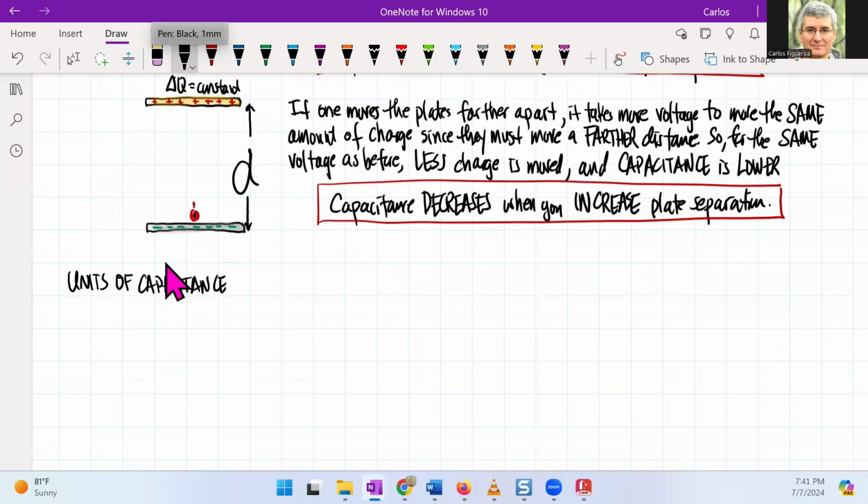A unit of capacitance is a unit of charge over a unit of voltage, which is a coulomb per volt. And this, by definition, is called 1 farad of capacitance, which we typically write as 1F.